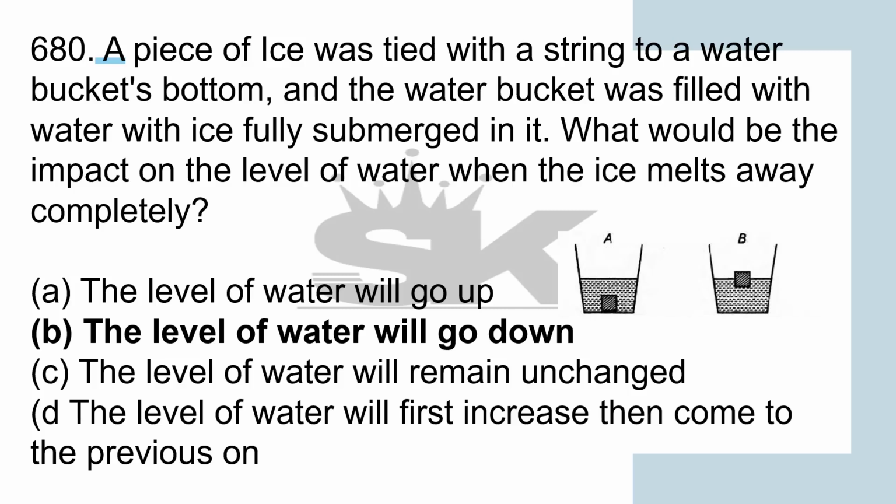But when the ice is taken down to the bottom of the bucket, tied with a string, and left to melt, the level of water will come down, because now the ice was displacing water equal to its volume, and ice has a lower density than water. So the answer is the level of water will go down.